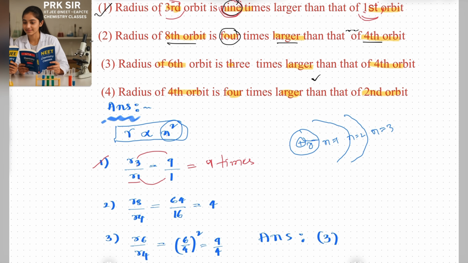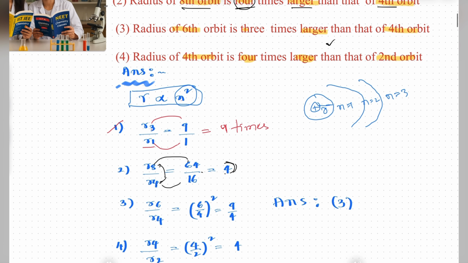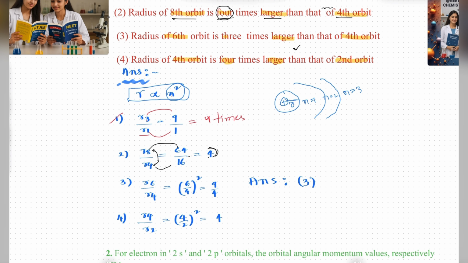How many times is r8 compared to r4? That is n squared, so 64 by 16, and your answer is 4. According to the question, that is also right. We'll go for your next one.